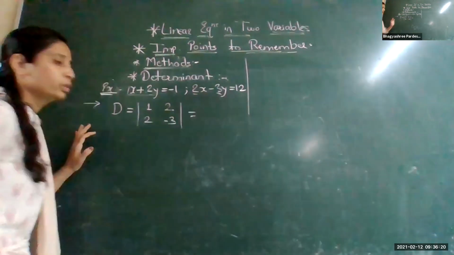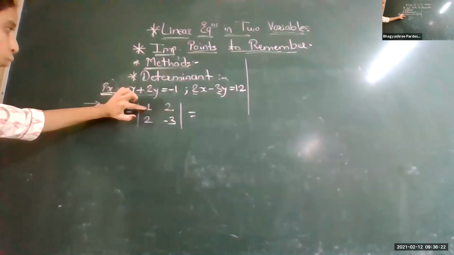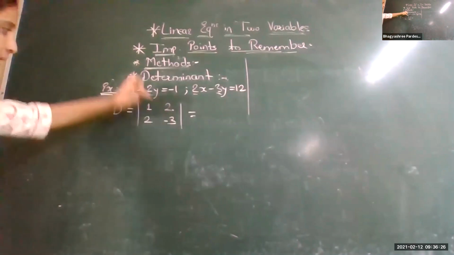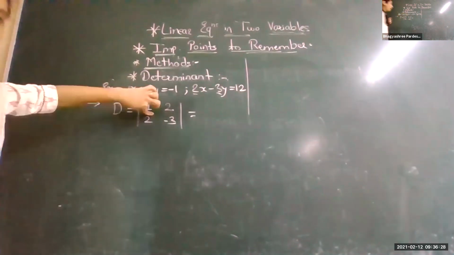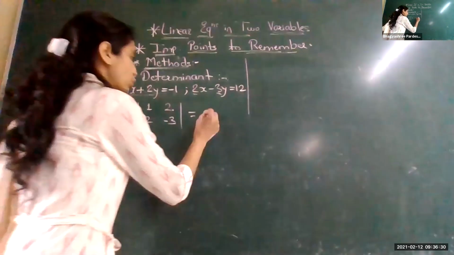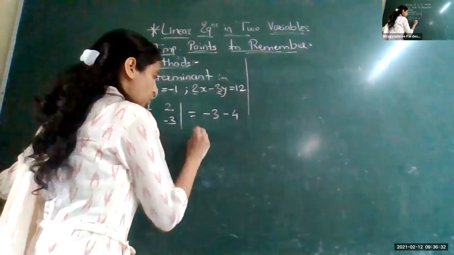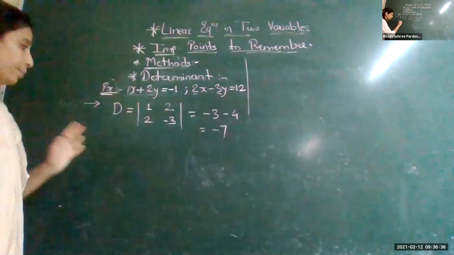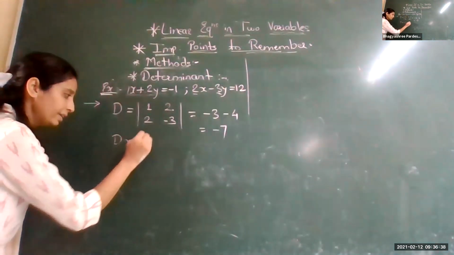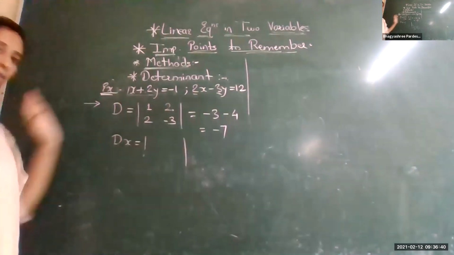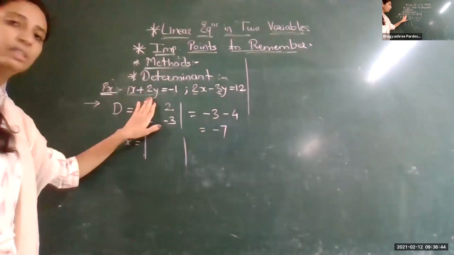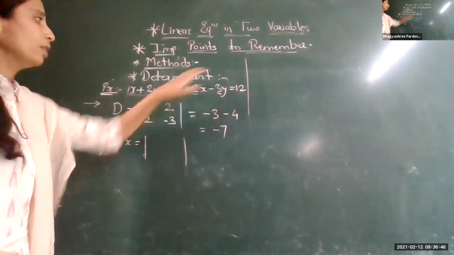Solve this one. So I'm solving it directly. 1 into minus 3 minus 2 into 2, so it is minus 3 minus 4, so we got D is equal to minus 7. Here D is completed. Next is Dx. You have to just remember these two things. Now instead of the coefficients of x, we are going to write the constants.